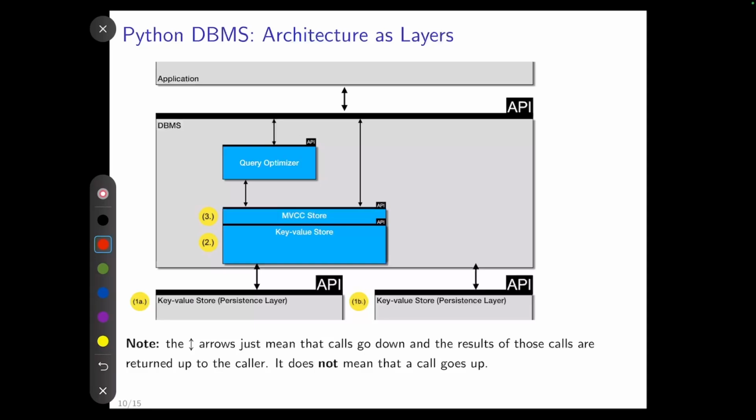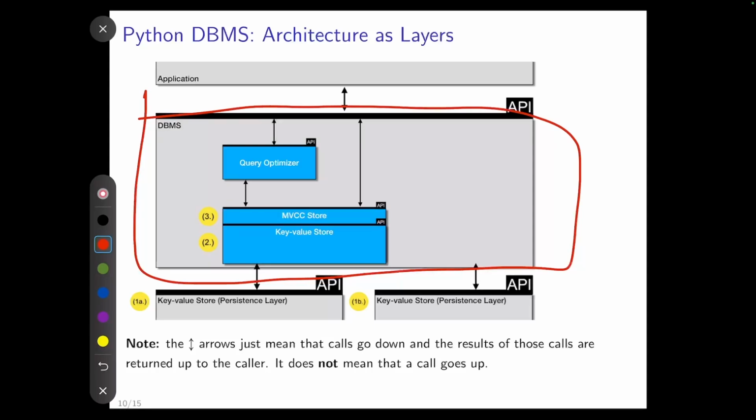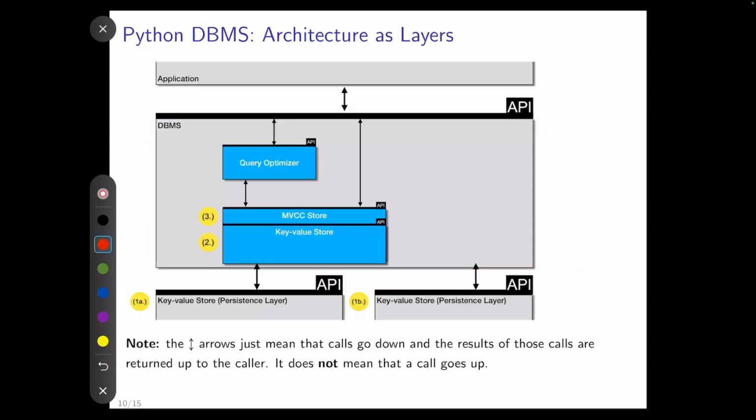Okay, so let's look a little bit at the architecture now. Basically, this is enlarging this database layer. And for all of these layers, of course, in the graph there's an API. And that is what you can use. That is what you can call. That is what this arrow is about. The application calls certain functions.